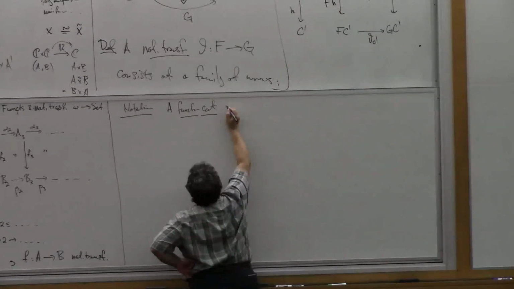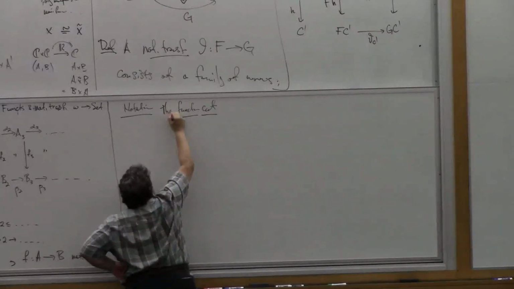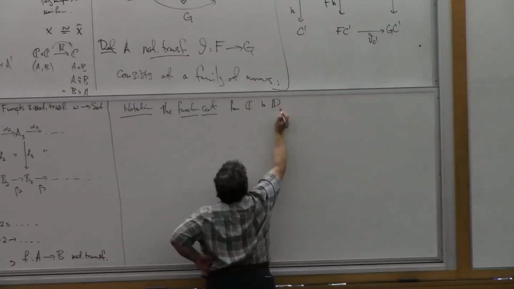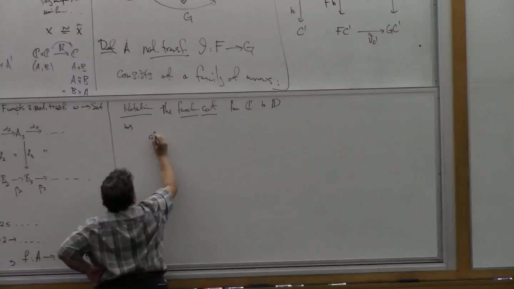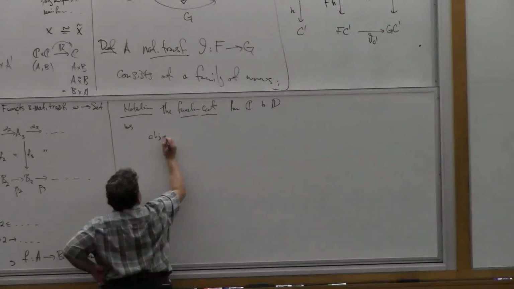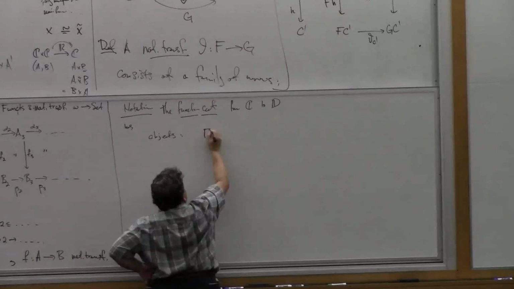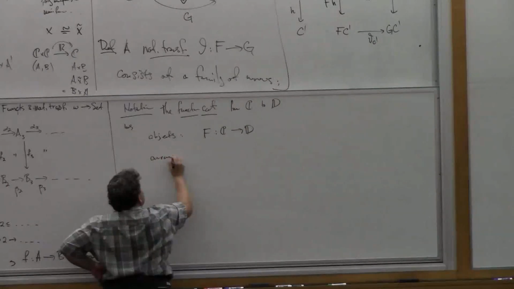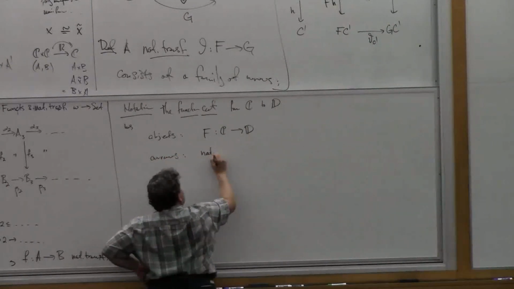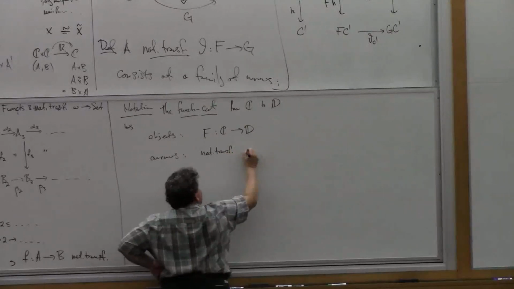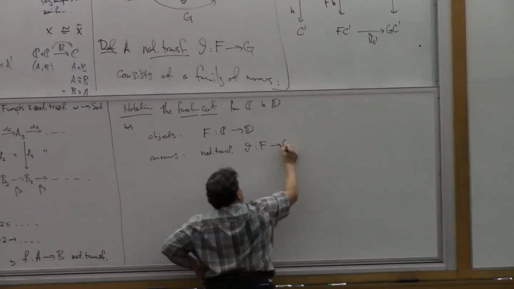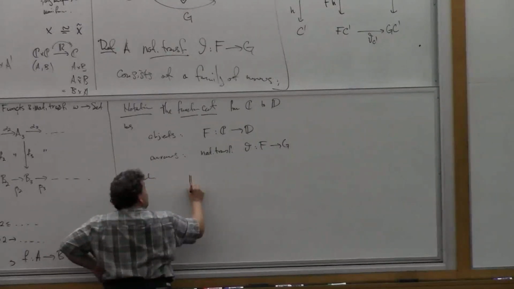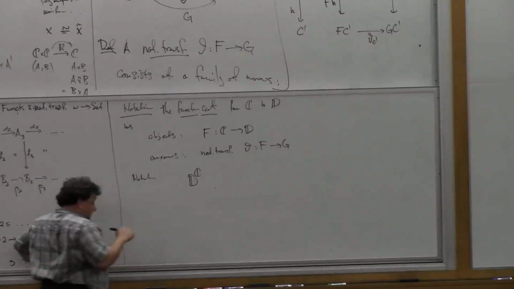The functor category from C to D has as objects functors F from C to D, and as arrows natural transformations theta from F to G, and the notation is just D to the C. That's the functor category.